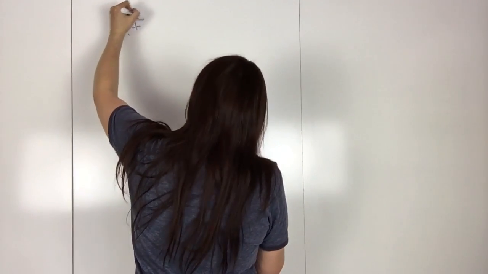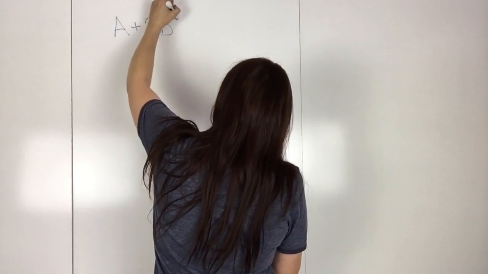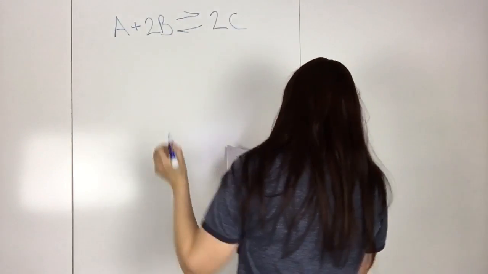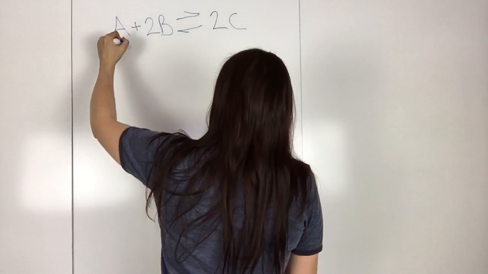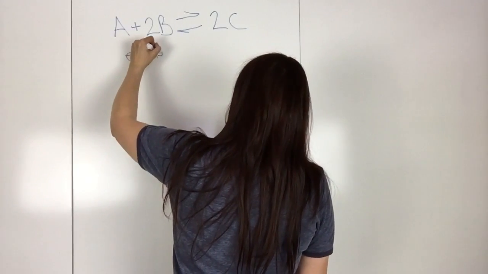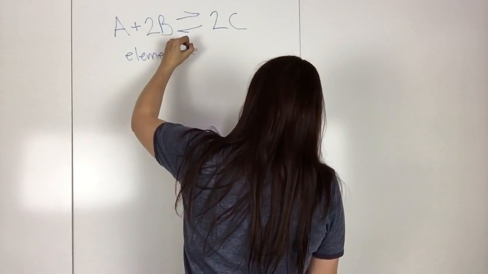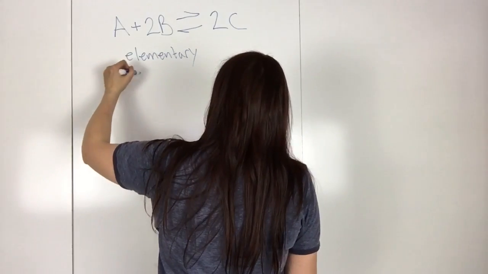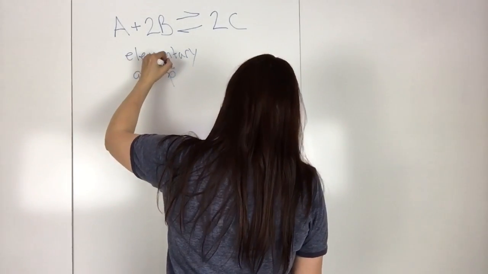First of all, this is the reaction: A plus 2B to 2C. And you know that it's elementary, reversible. You know it's gas phase.